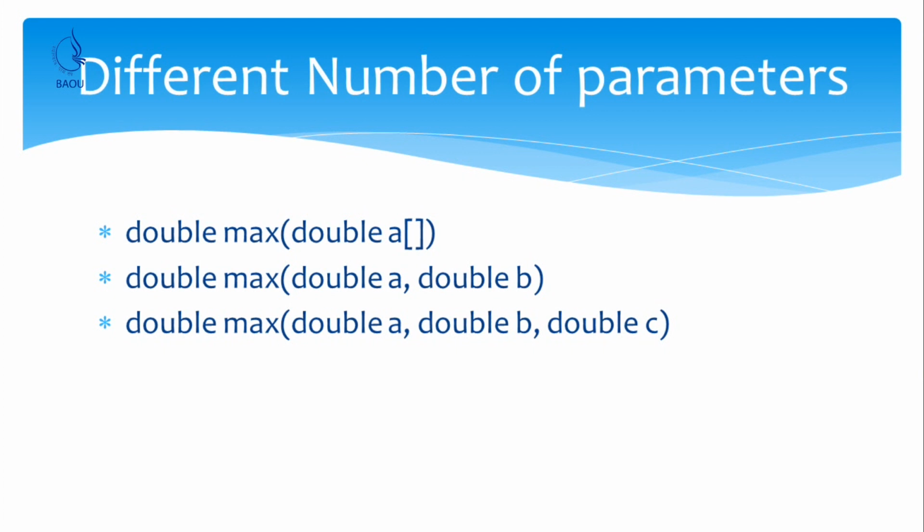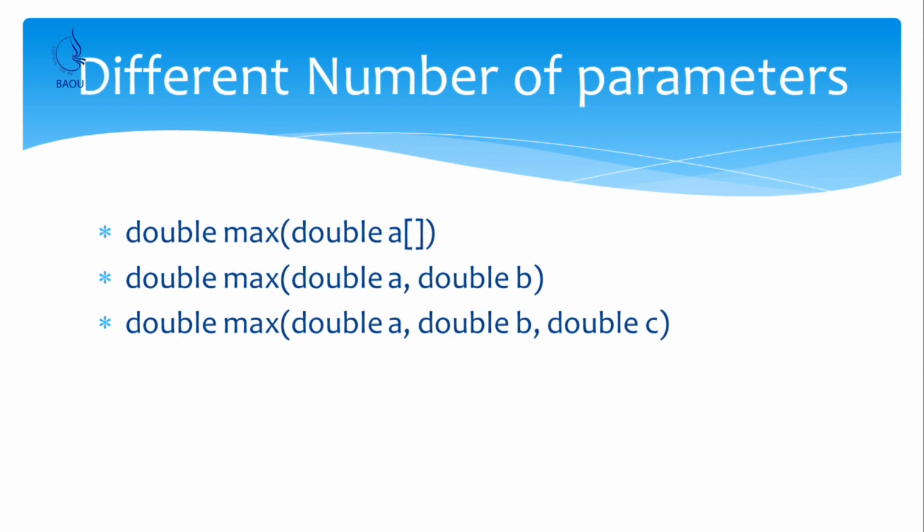Now, we take an example of each. The first case is where methods have a different number of parameters. Here on screen you can see we have three methods. The first is a max method with a double array as a parameter. It finds the maximum of the array elements provided as the parameter, so it takes only one argument.